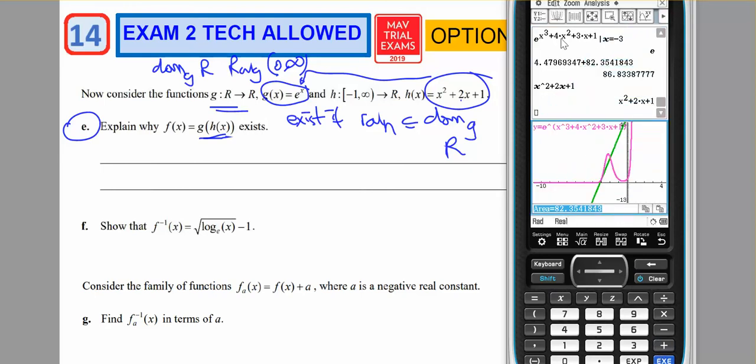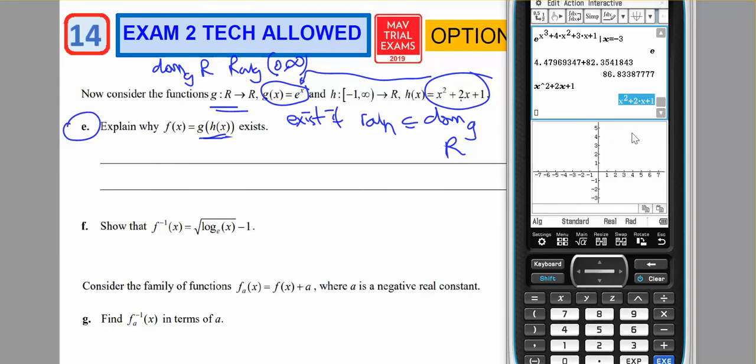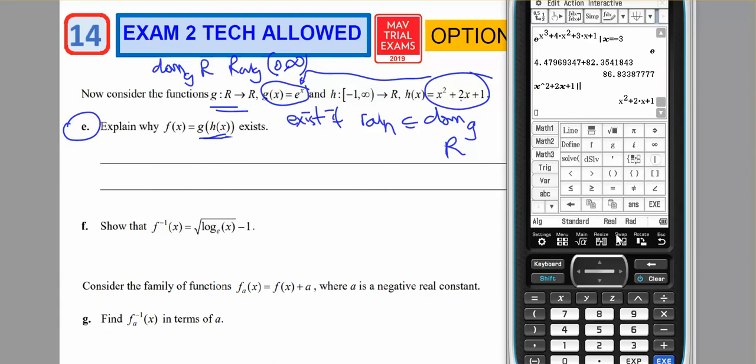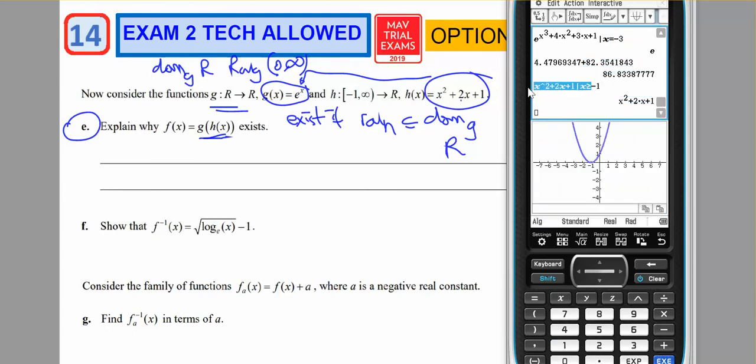So if I clear all of that out, and I'm looking at it with a restricted domain of x bigger than or equal to -1, and now I graph that again, it's going to have a range of 0 to infinity.